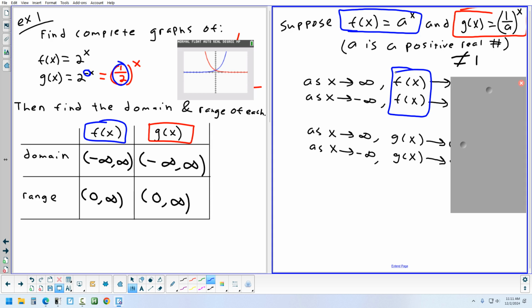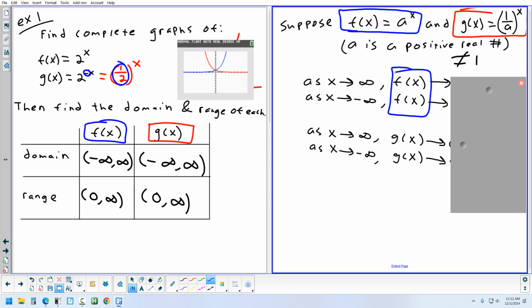Think of which way the x-axis goes. To the right, yeah. So as you go to the right, what's happening to the y value?